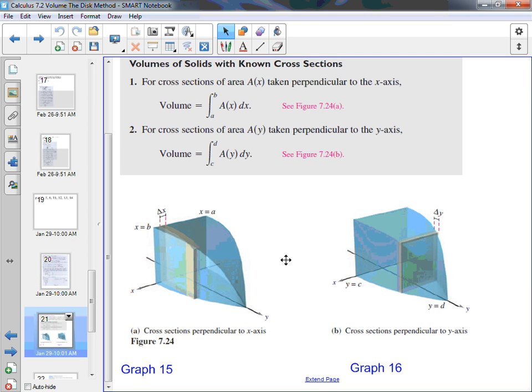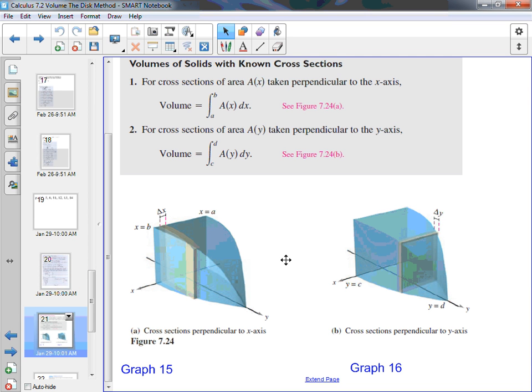If you look at these two, both of those figures are made by the same region, but the cross sections being perpendicular to different axes, not an axis of revolution anymore, okay, just the x-axis or the y-axis, them being perpendicular to a different thing, you get a slightly different shape. Can you tell that those two figures are not the exact same? It's kind of hard to tell they're not the exact same.